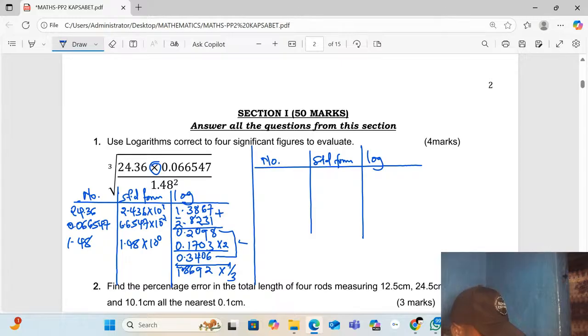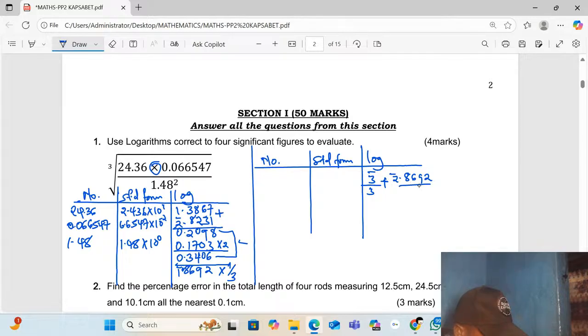When we divide by 3, we have to get bar 2 or negative 2. So what you're going to do, you're simply going to take bar 3, divide by 3, then we separate the 2. So we have bar 2.8692.